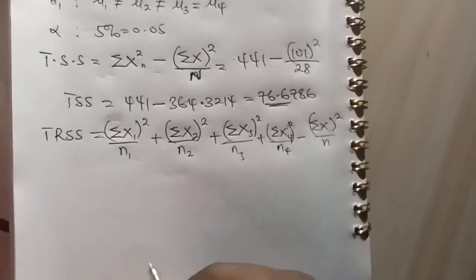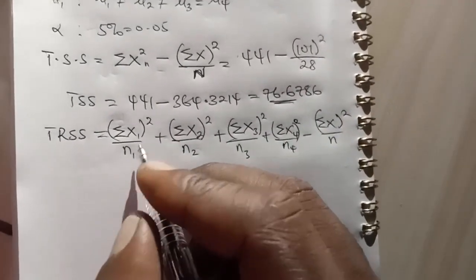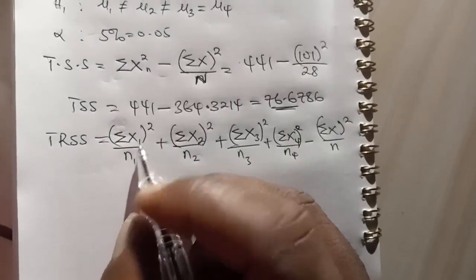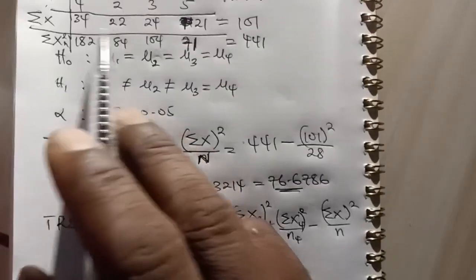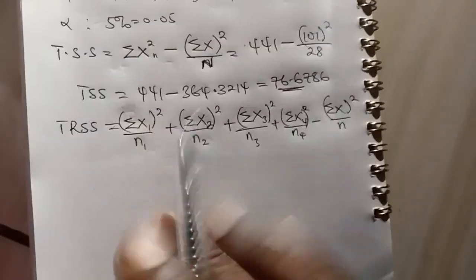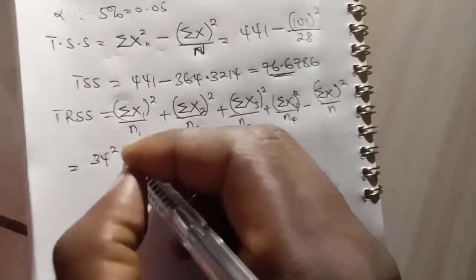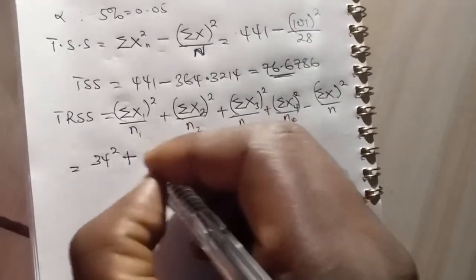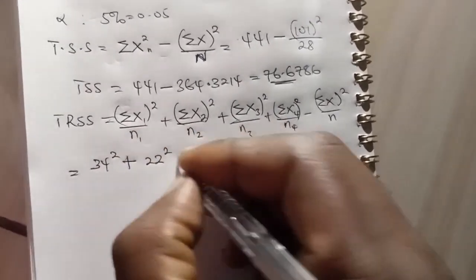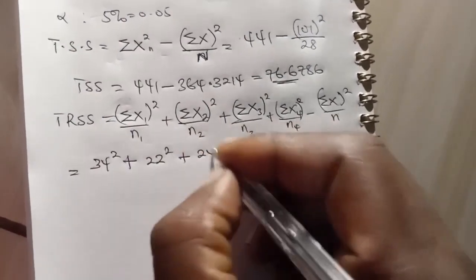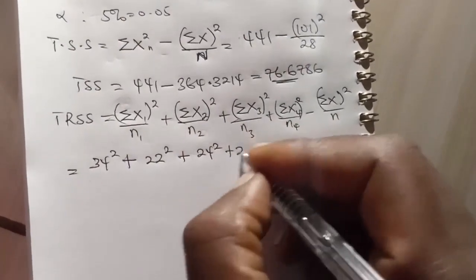So if we resolve this here, it means we square each of these, which is 34 squared plus 22 squared plus 24 squared plus 21 squared.